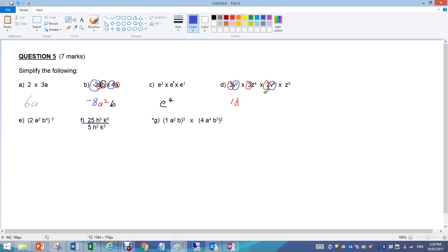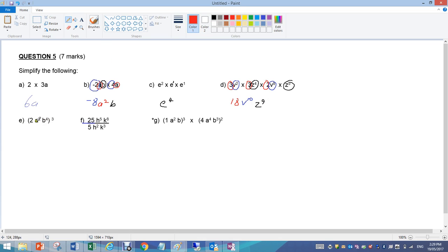So we multiply those two, the base is v, the powers, we add them together because we're multiplying, so 10. And then we've got our z's, z to the power of 4, z to the power of 5. So z is the base, and 4 plus 5 is 9. Next.